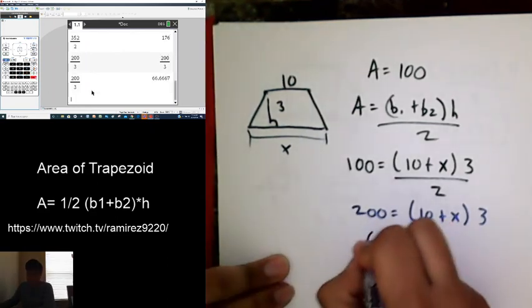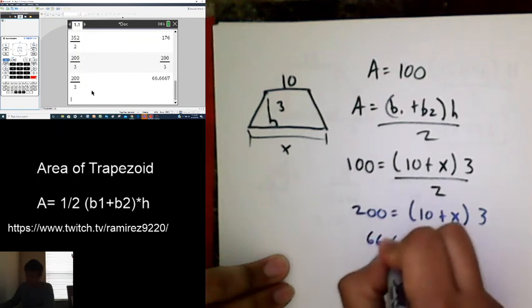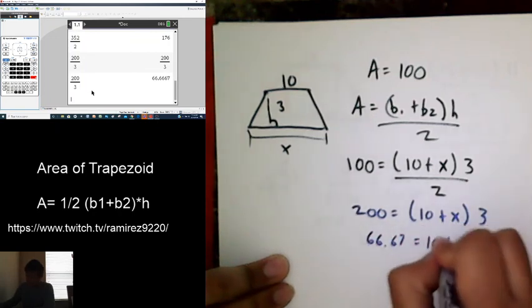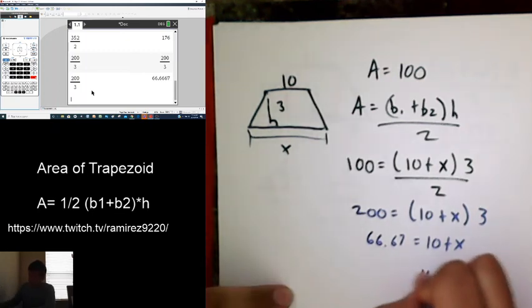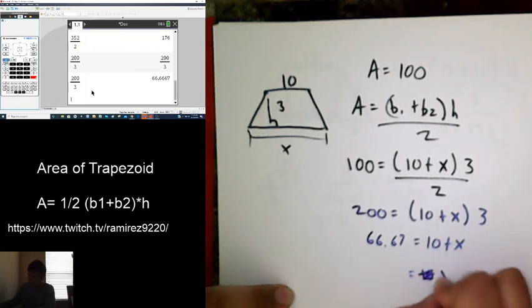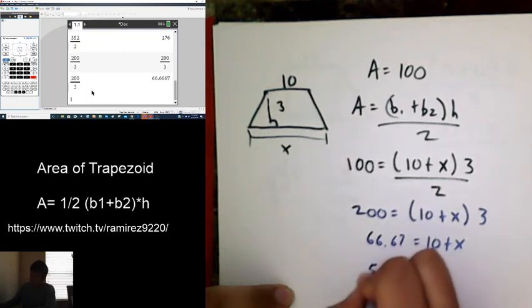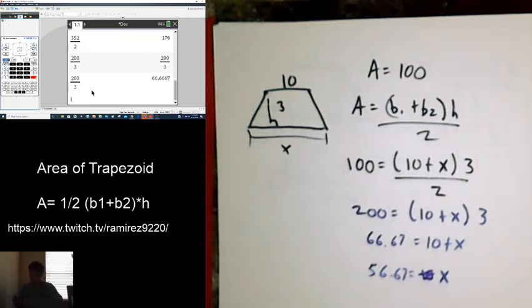So this becomes 66.67. And then I would just move the 10 to the other side. So then I would know that my other base is 56.67.